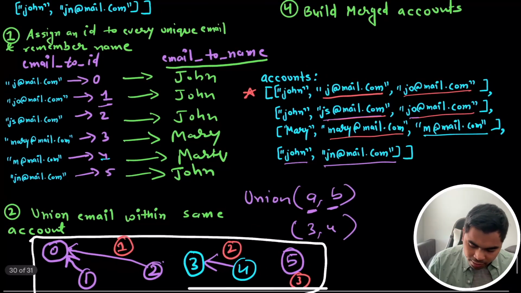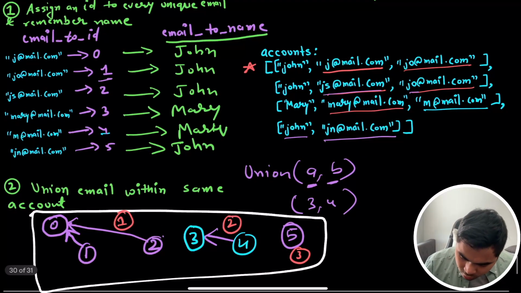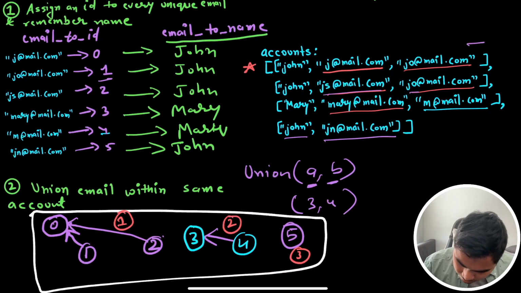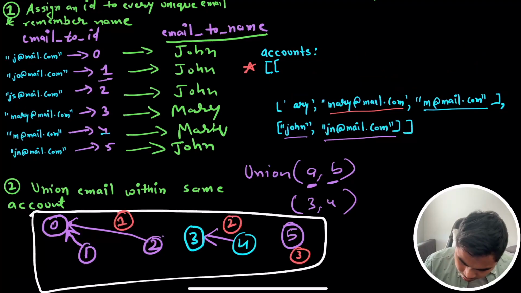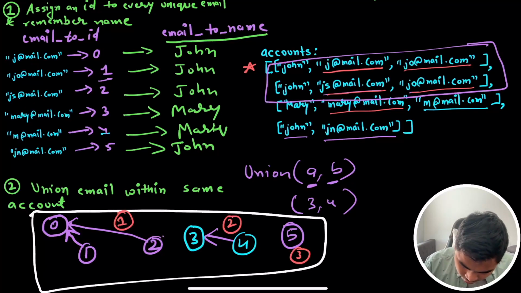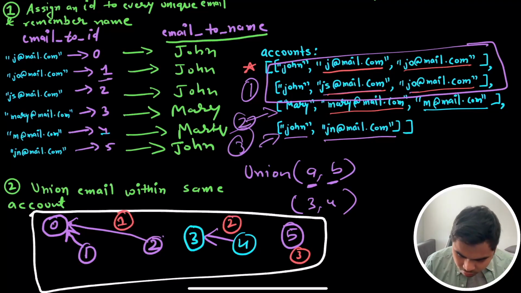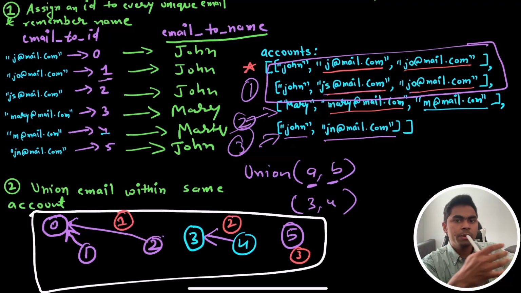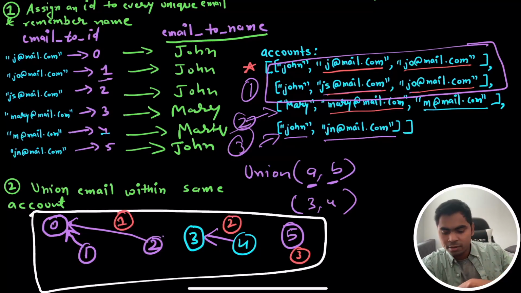You can see in these emails, these two need to be merged together, these two need to be merged together. This is the second account, and this is a separate third account. So these are 3 different accounts, to be kept separate and returned as separate accounts.